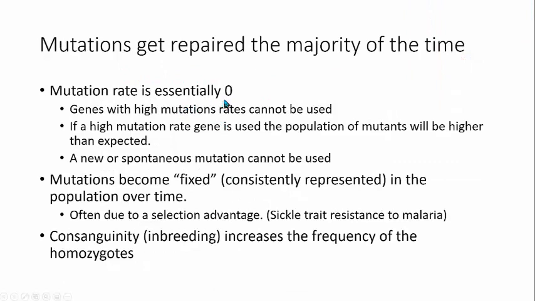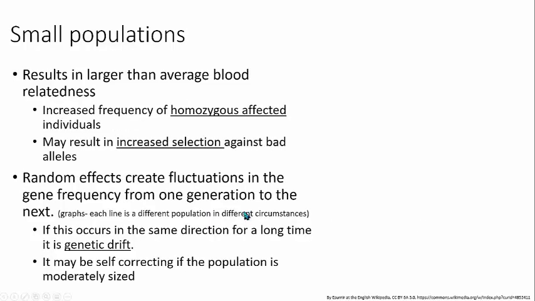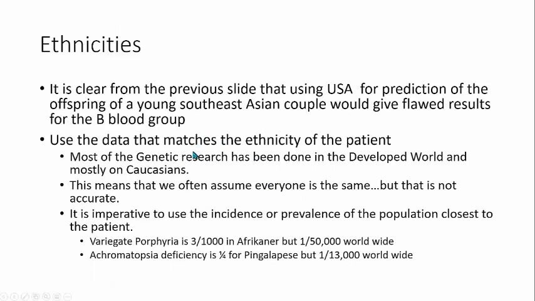Generally, we consider the mutation rate 0. It's not truly 0, but it's so small that we ignore it. In most cases, it becomes fixed, and it turns out that it is balanced by other factors like selection rates. This tells us that we need to be very careful when we look at our populations, and we need to look at what matches our population. Not always should we just use the general data.